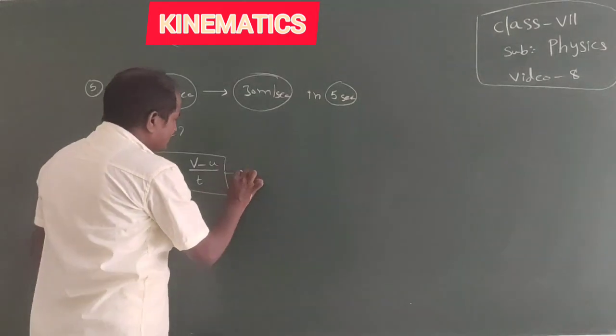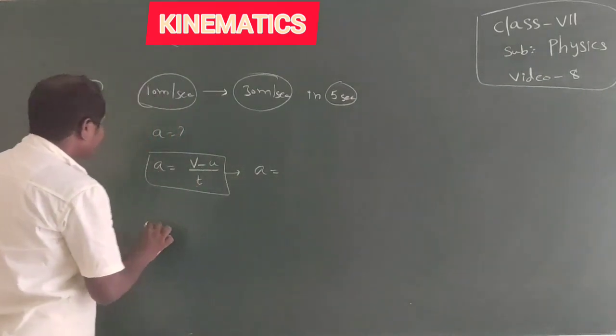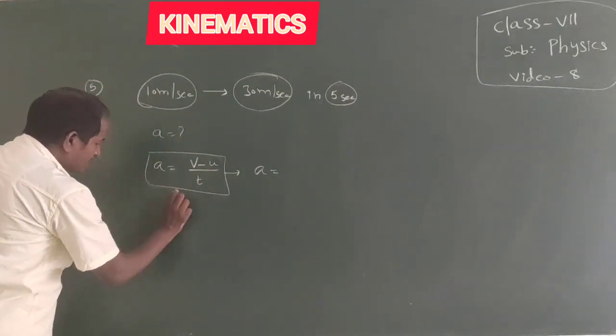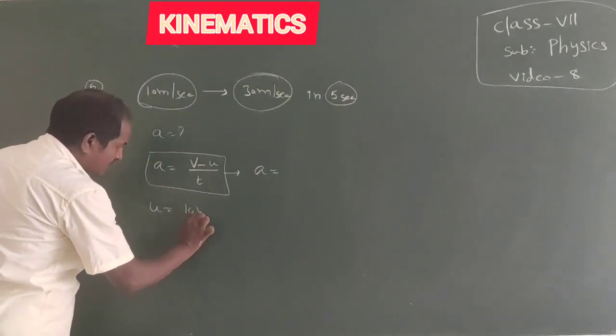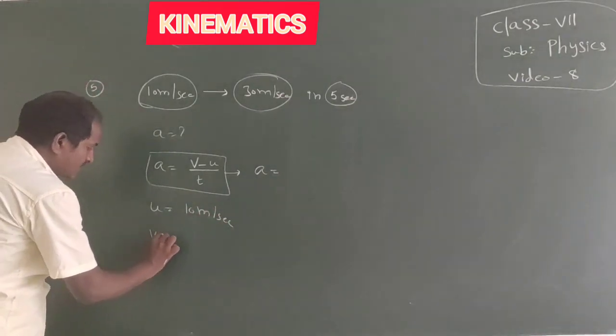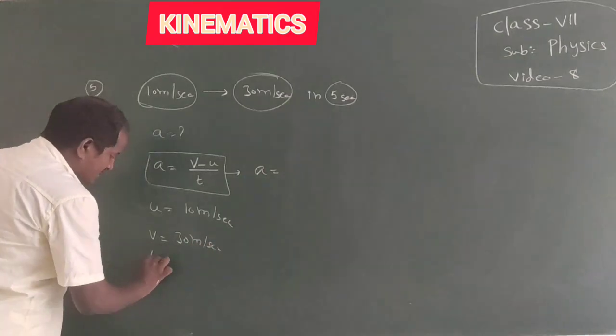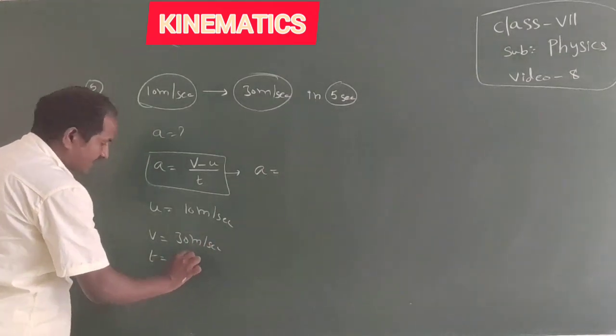Here u equal to 10 meter per second, v equal to 30 meter per second and t equal to 5 seconds.